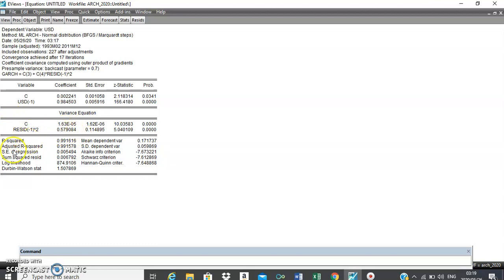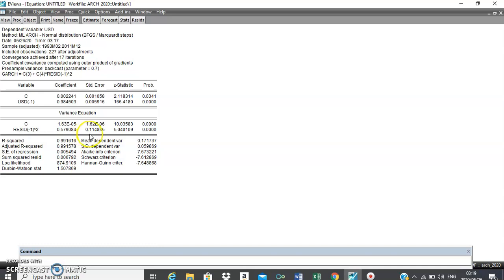So this is the coefficient. In order for us to determine whether or not the volatility is persistent, we look at this coefficient. If this coefficient is closer to 1, then it tells us that the volatility is very persistent.